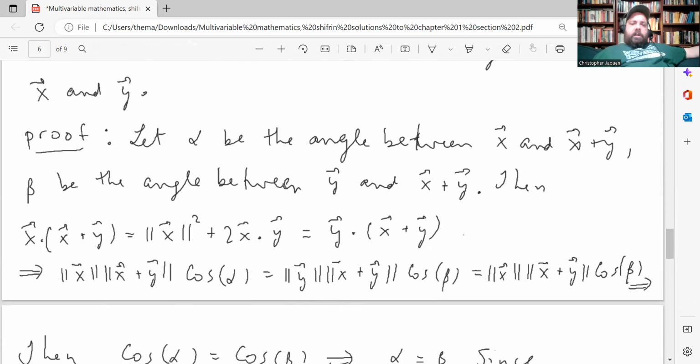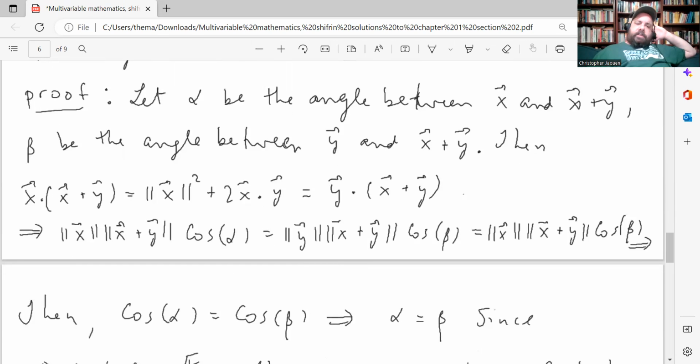All right, here's my proof. Let alpha be the angle between x and x plus y, and beta be the angle between y and x plus y. Then if I take the dot product of x with x plus y and the dot product of y with x plus y, when you multiply that out and simplify, you'll see that both of those are equal to this expression, which means that this is equal to that.